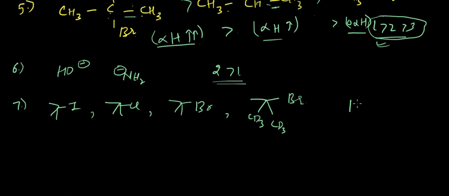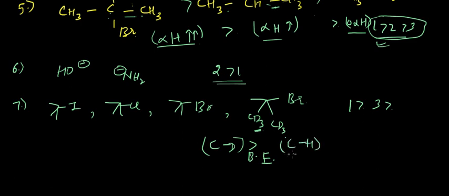Hence first would have the highest, then comes the third. And in this case, if we look at the CD3 bond, we know that the CD bond energy is greater than the CH bond energy. Hence breaking this bond will require more energy, hence the rate of reaction would be low. Hence 1, 3, 4 and 2 would be the order.